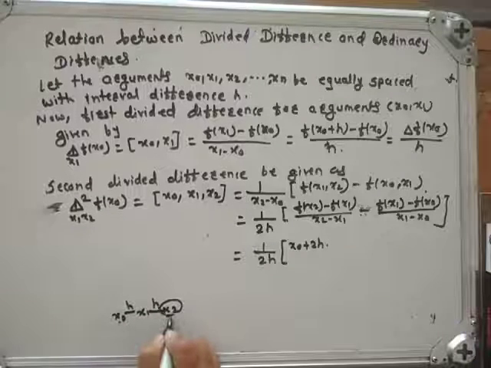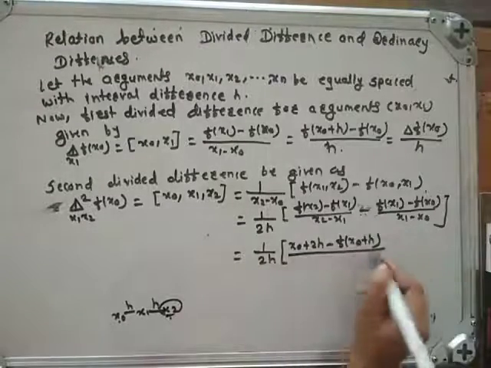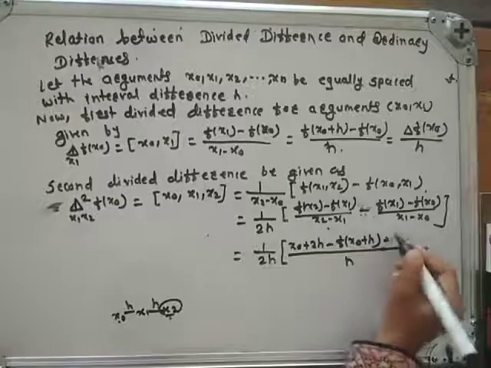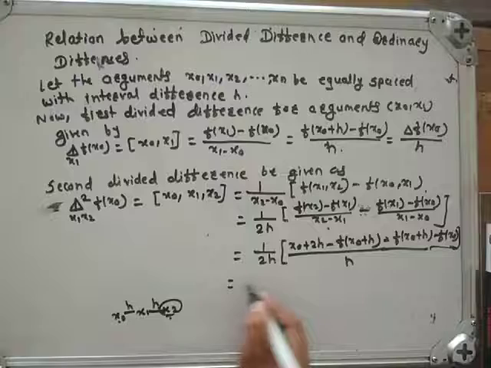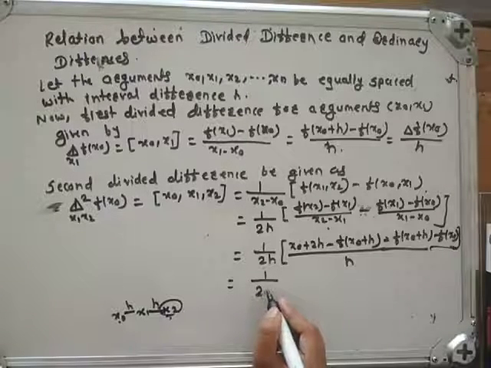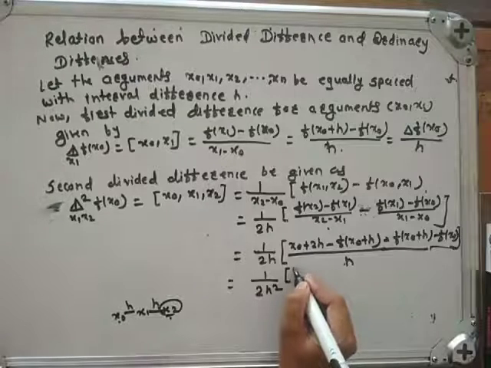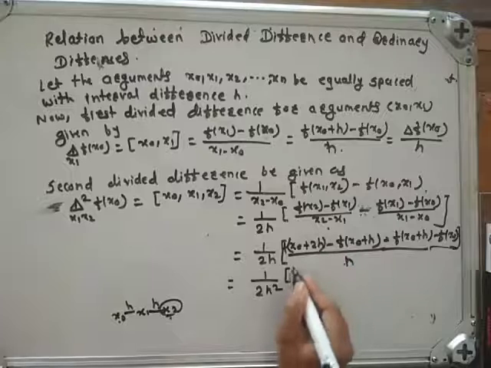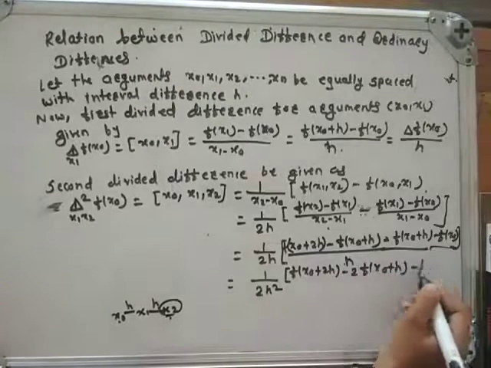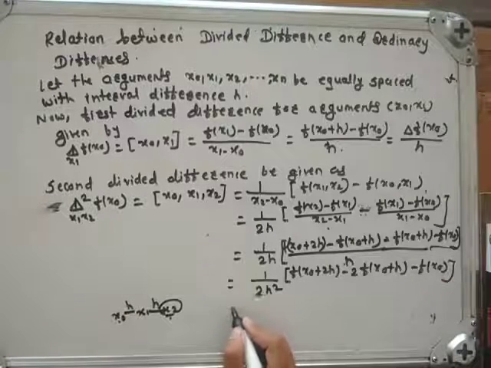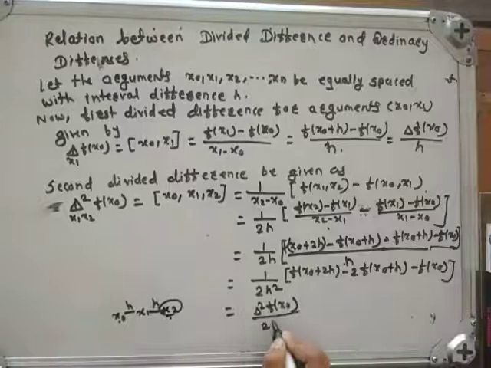So x2 is x0 plus 2h, minus f of x0 plus h upon h, minus f of x0 plus h minus f of x0 upon h, which is equal to 1 upon 2h into h, that is 2 h square, in bracket f of x0 plus 2h minus 2 times f of x0 plus h plus f of x0, which is equal to del square of f of x0 upon 2 factorial into h square.